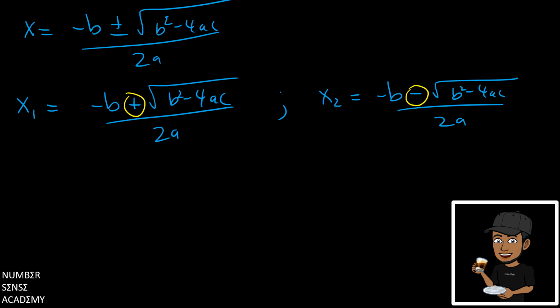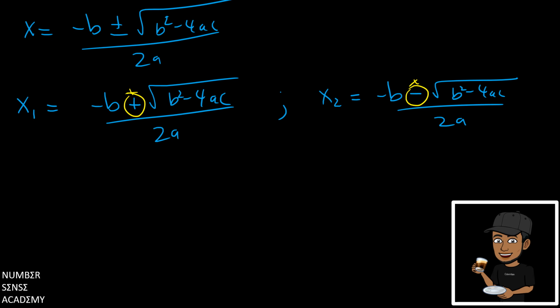But also we have to pay attention to what's going on underneath, because if a is negative, then we could end up with a negative dividing by a negative number, resulting in a negative value. So it's not these plus or minus signs that determine if it's a negative or positive.